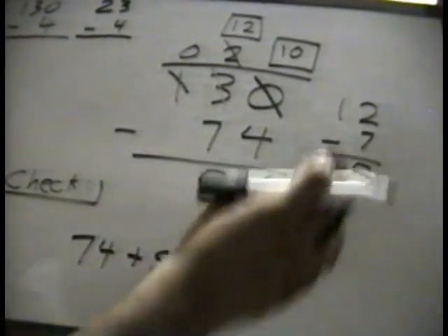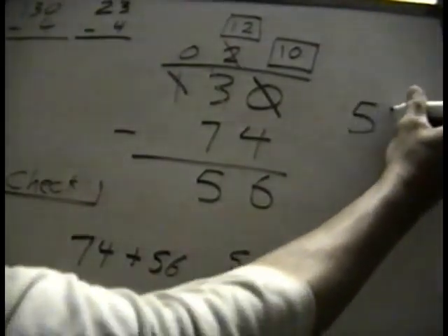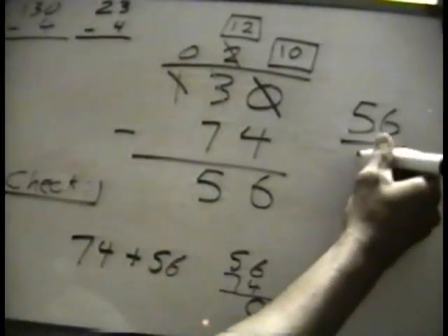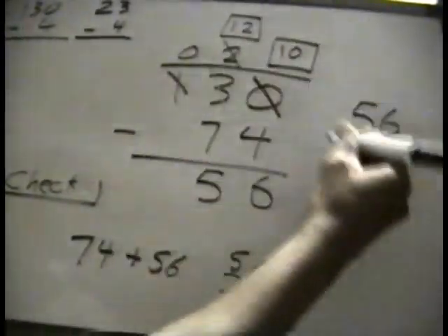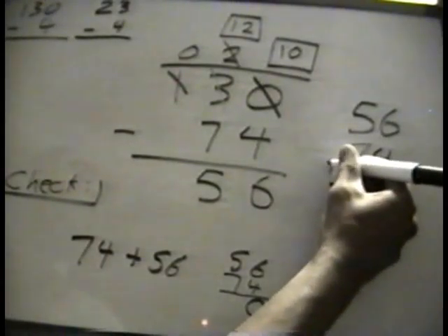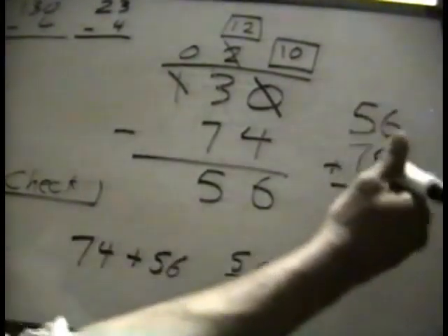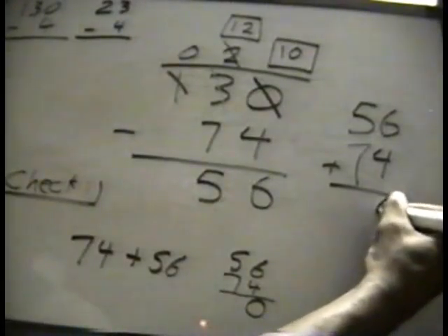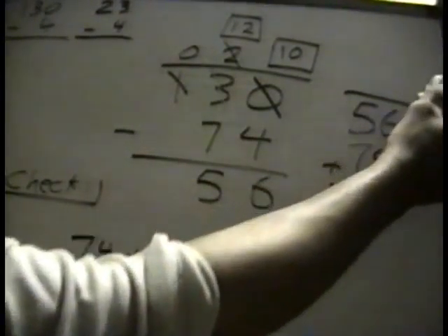Okay, so that becomes 6 plus 4. Do the check here. Okay, now 56 plus 74. 4 plus 6 is 10.